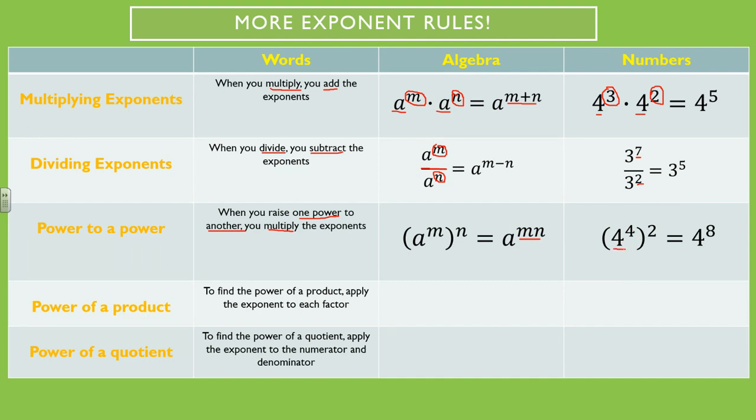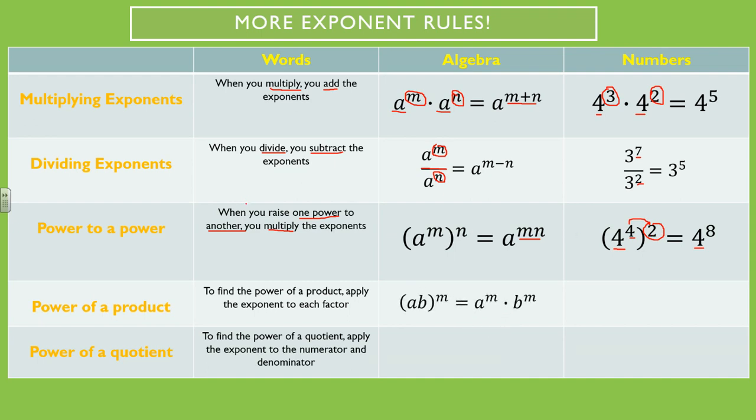So I've got 4 as my base. That's being taken to the 4 power. But it's also being taken to the second power, right? So I'm going to multiply these two, and I'm going to get a result of 4 to the 8 power. Okay, so when you take power to a power, I'll end up multiplying those two values. In this case, I get 4 to the 8.